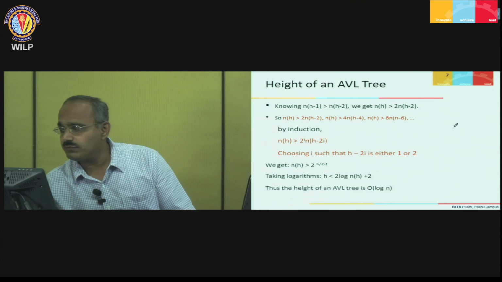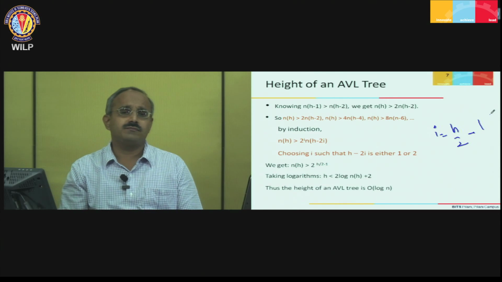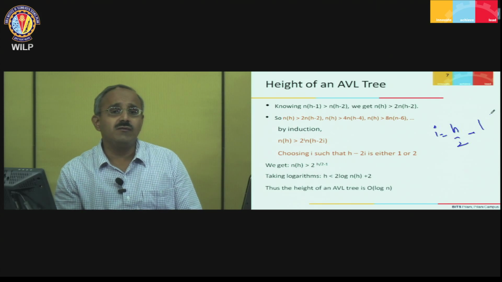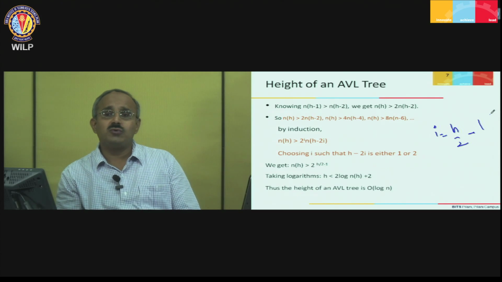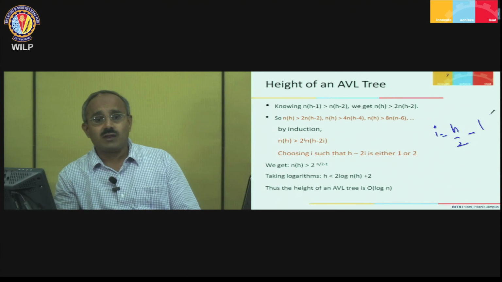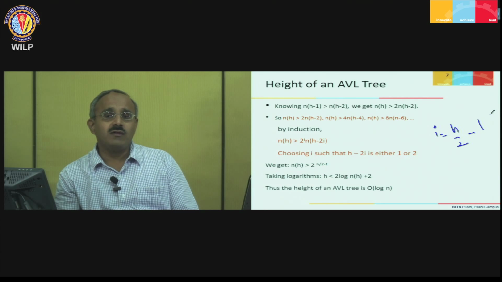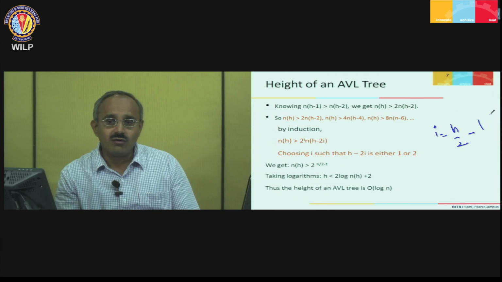So, I can choose, say for example, i to be h by 2 minus 1 if my h is even. Correct. So, if h is even, I can choose i equal to h by 2 minus 1, and then h minus 2 i would become 1, and we know n 1 already. Otherwise, it will become n 2. So, we can now choose i either as h by 2 minus 1 in case h is even, or the floor of h by 2 minus 1 in case h is odd.